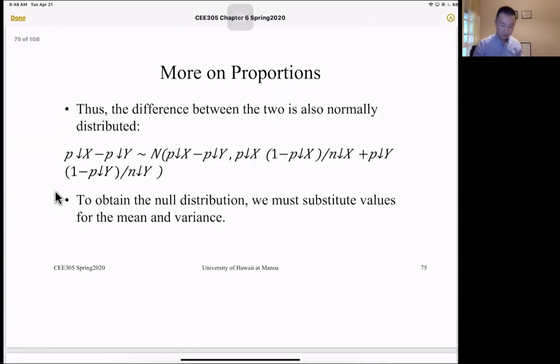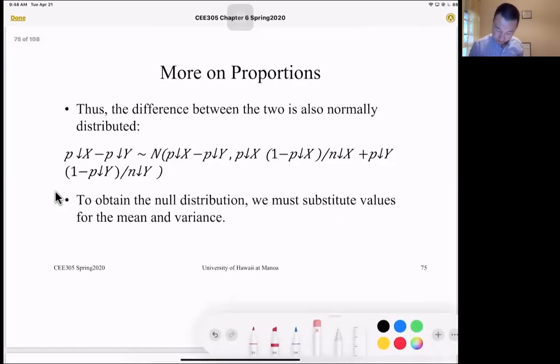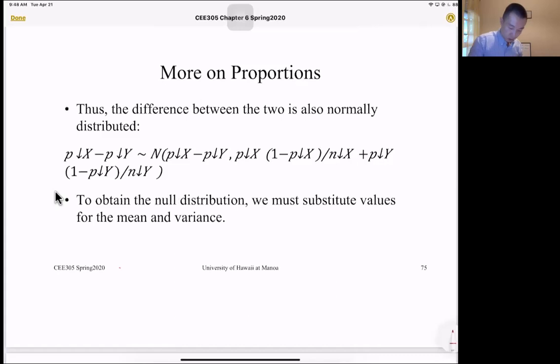Let me write this down. The sample proportion px minus py follows a normal distribution, the mean value is px minus py, and the variance sigma squared will be this.